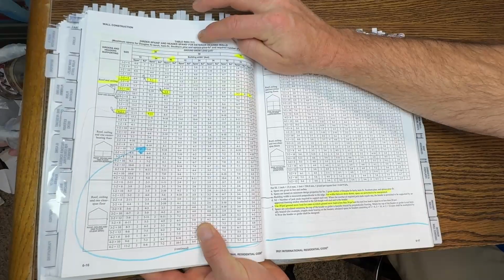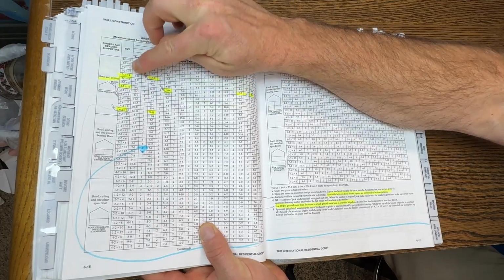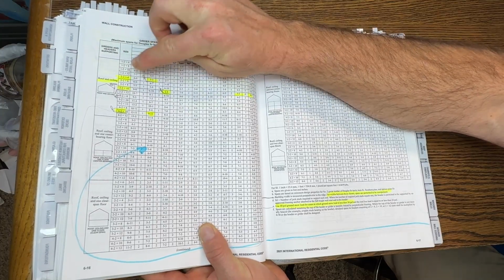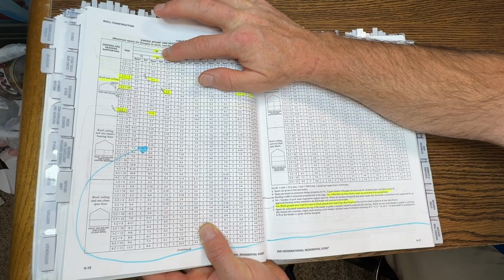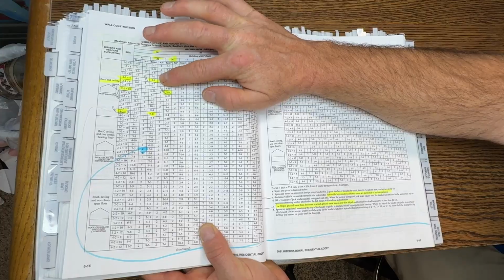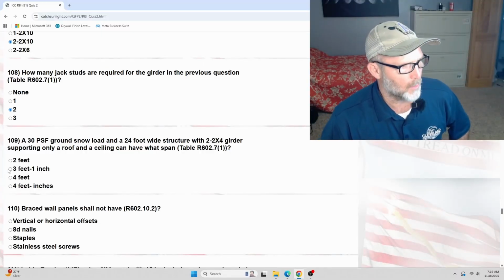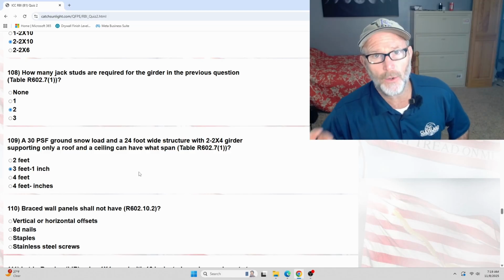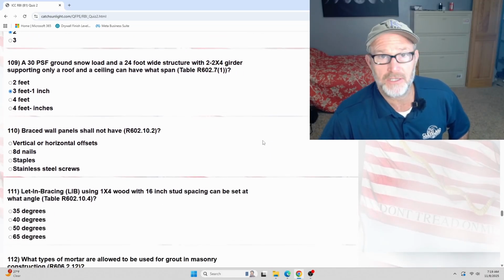We are looking for supporting only a roof and a ceiling. You have 2 2x4s right here. You have a 24-foot wide structure and a 30 PSF snow load right there. The answer is 3 feet 1 inches there. So that's how you use that table. Really important to know that. I guarantee you're going to be asked a question from that table. So know how we just looked those up.